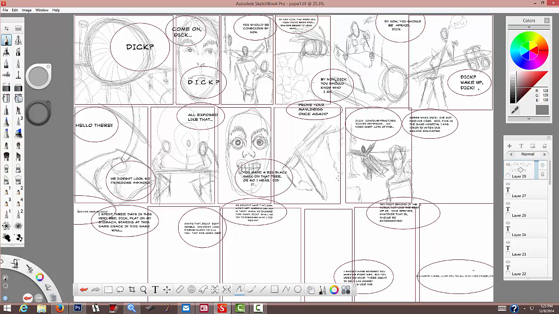Okay, so a tree, and sort of show that Dick mangled at least the tree's bark with his car, and it's going to be sort of crunched.